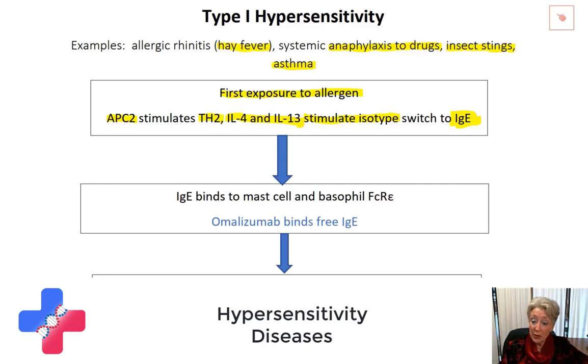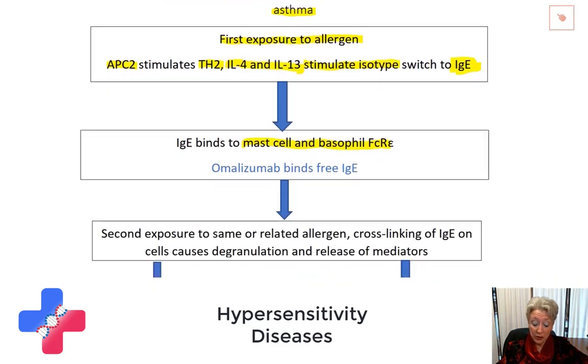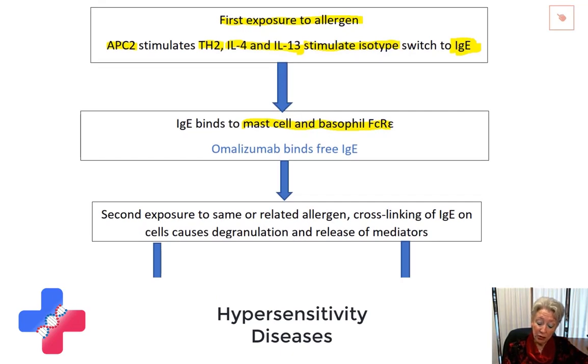Once IgE is made, it has a very short half-life in the plasma, but when it binds to mast cells and basophils, unfortunately, it ends up being the gift that keeps on giving, because it will remain on the surface of those cells waiting for an additional exposure to that immunogen. And when that happens, cross-linking of those molecules is going to cause the cells to degranulate and release preformed mediators.